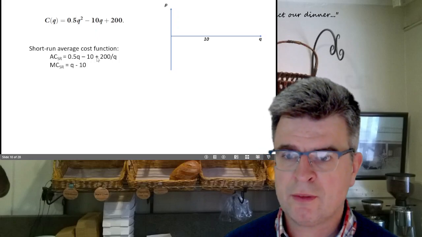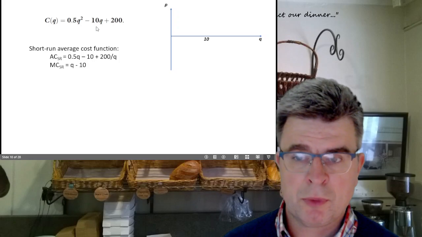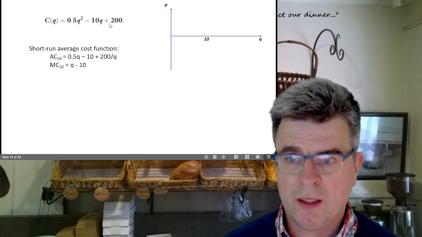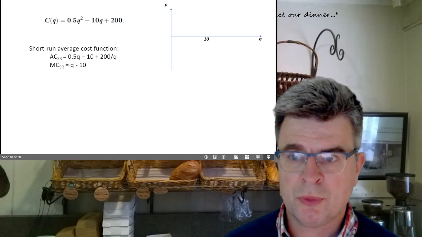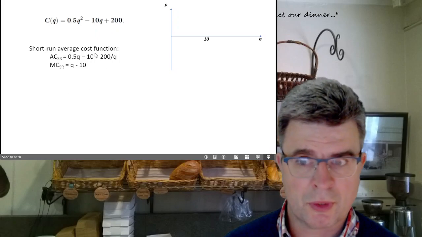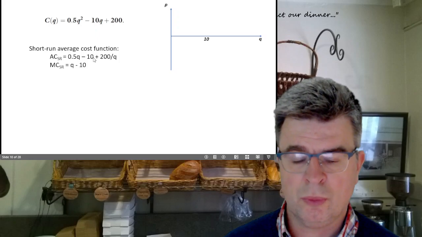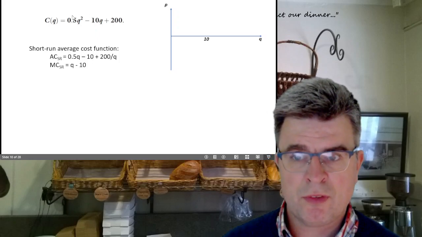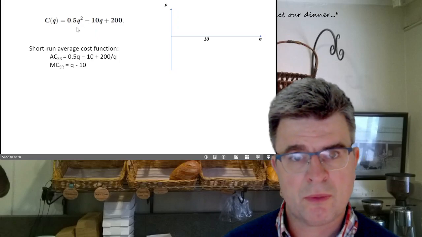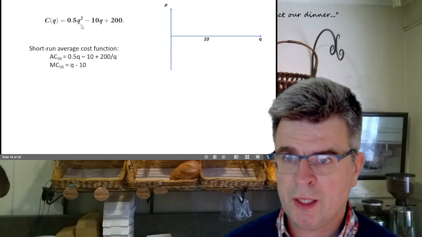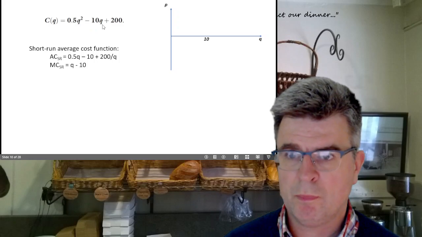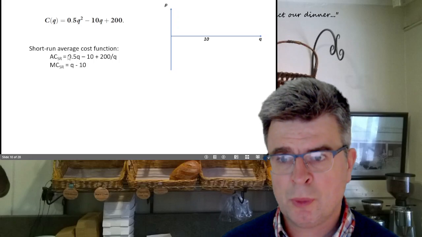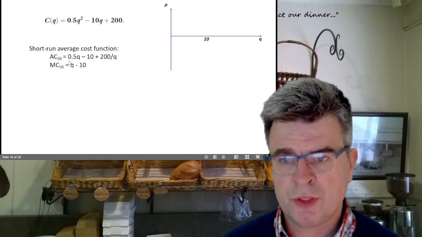And we can see that if we produce 0, our cost is equal to 200. If we start to produce, then our average cost of production starts to decline. Now, the marginal cost is the derivative of the cost function with respect to Q. So doing that, we get Q minus 10. And then we are asked to compute the minimum of this function over here.